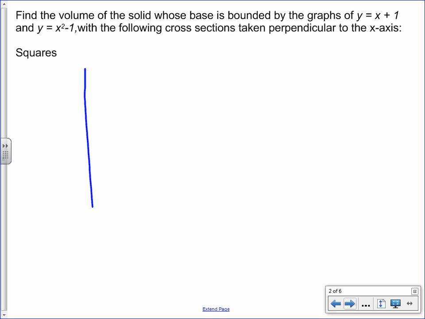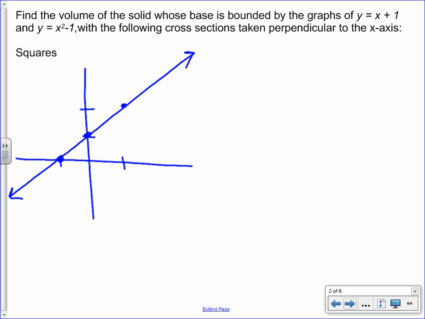Y equals x plus 1 looks like this. Y equals x squared minus 1.